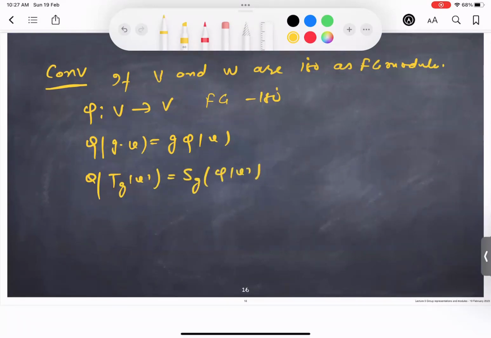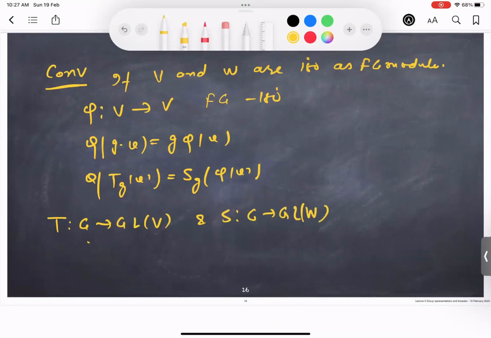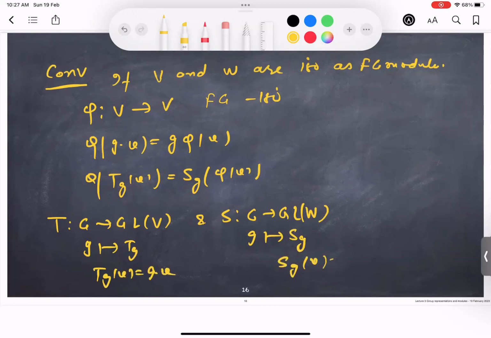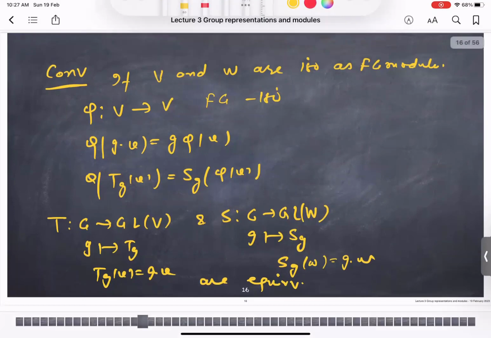And this is precisely what you mean by saying that T and S are equivalent. So this means that the corresponding representations T from G to GLV and S from G to GLW, defined by g goes to T_g, g goes to S_g, and T_g of v is g dot v, computed like this, and S_g of w is g dot w, are equivalent. So precisely the same thing can be said backwards.